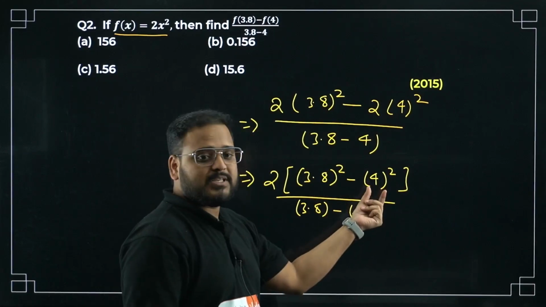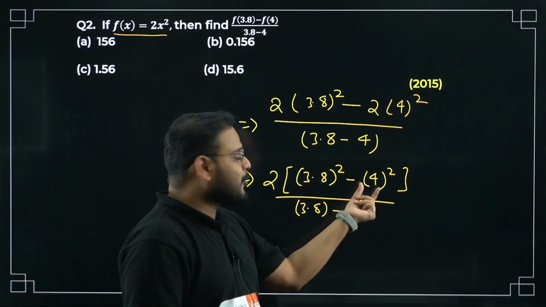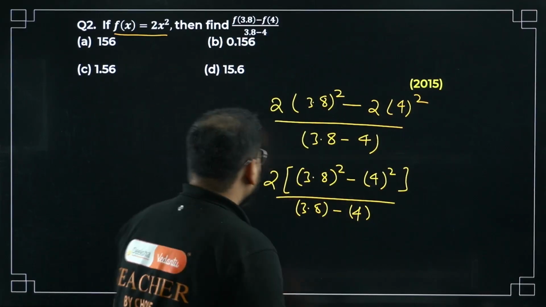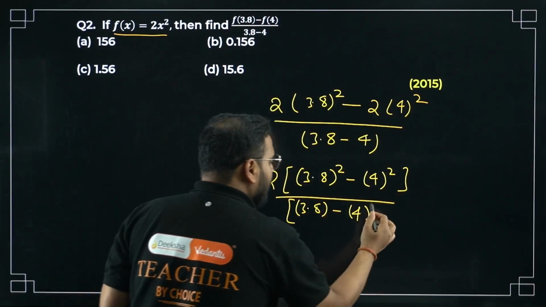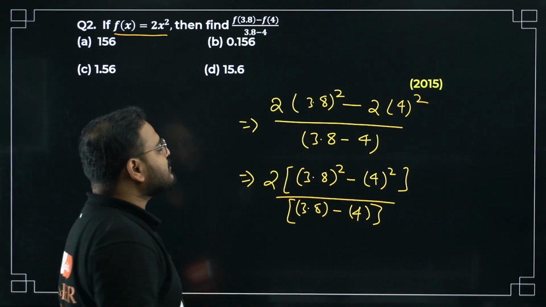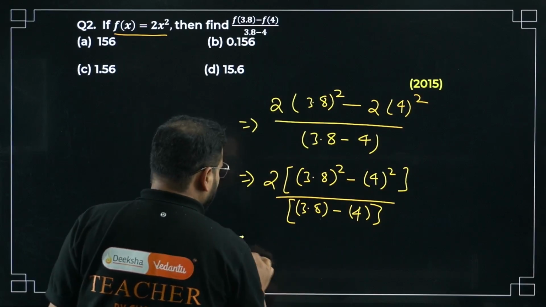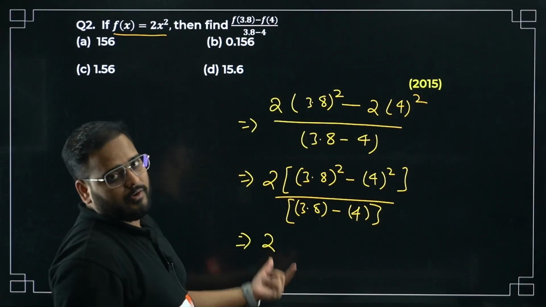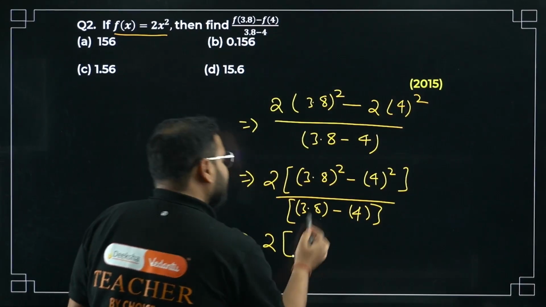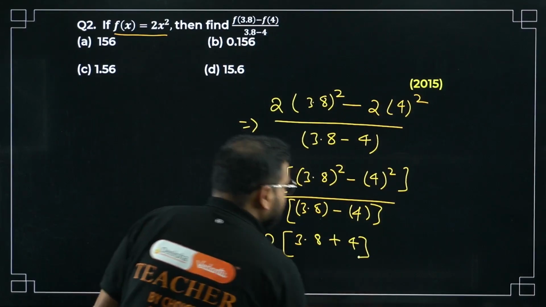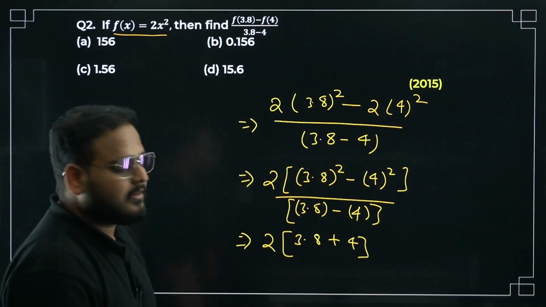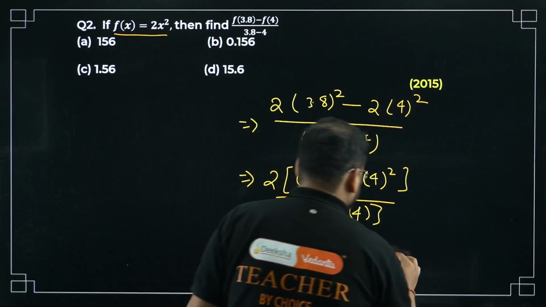A square minus b square, a minus b into a plus b. So I can write this as (a minus b) into (a plus b). I have what in the denominator? Only a minus b. Cancel them, sir. If you cancel them, I'll have simply 2 will be there. Then addition of this, 3.8 plus 4, na, sir. All of you agree, right? This is the final answer, bacha.